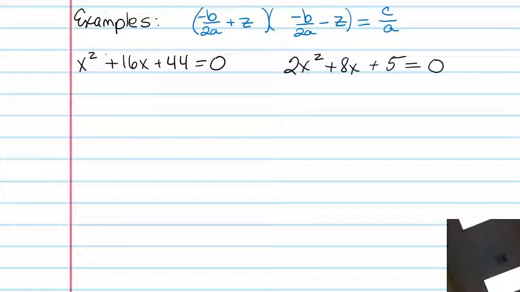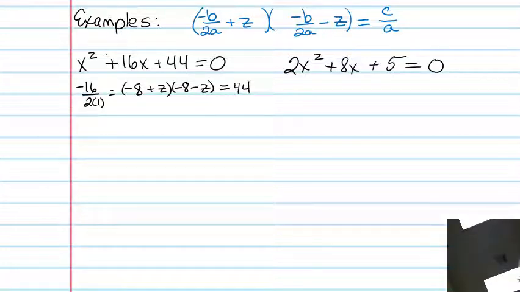For the first one, we've got negative 16 over 2 times 1, and that's going to give me negative 8. And so negative 8 plus z and negative 8 minus z has to be equal to 44 over 1.